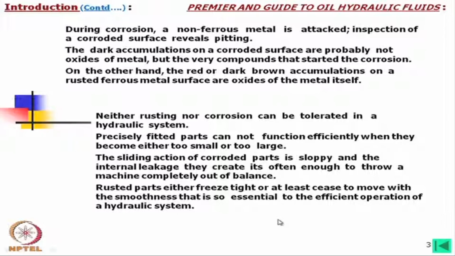Rusting, on the other hand, may close a leakage path, but if there is a moving part, the rust prevents the motion. As well, if rust particles mix with the oil, that also deteriorates the quality of the oil, both physically and chemically.